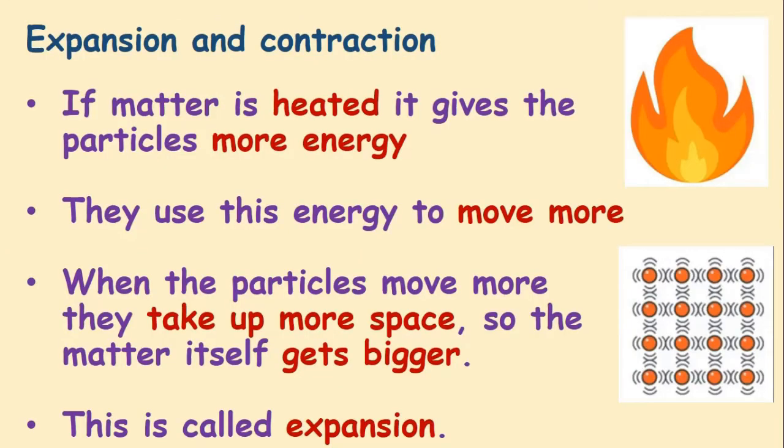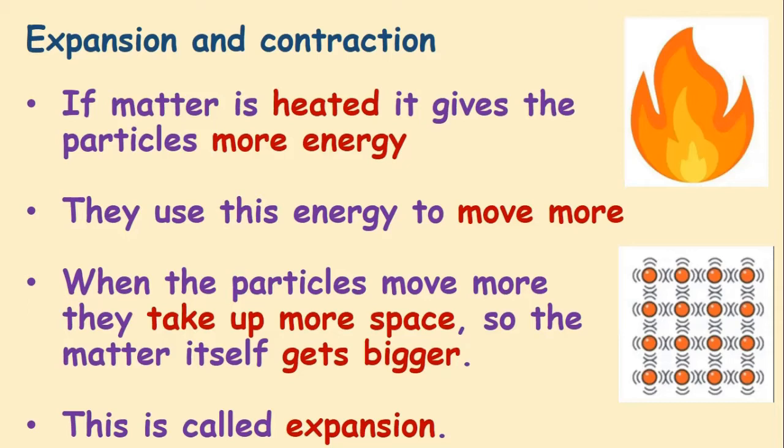Now we will talk about expansion and contraction. If a matter is heated, it gives the particles more energy. They use this energy to move more. So when the particles get more energy from being heated, they move around more.